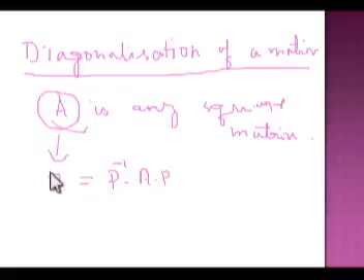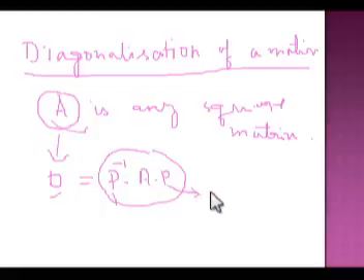Diagonal matrix means all the eigenvalues are on the diagonal and the non-diagonal elements are equal to zero. So we take a model matrix and apply similarity transformation on A, and we can get the diagonal matrix.